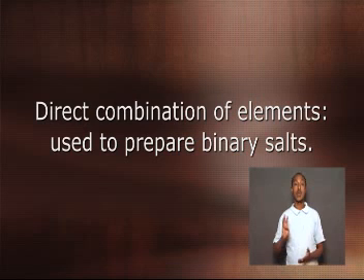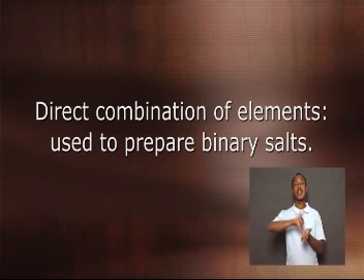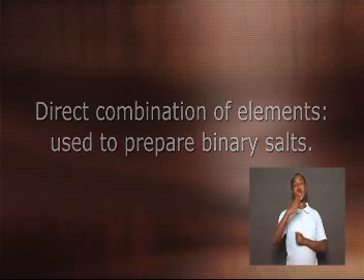We will begin by discussing the direct combination of elements. This is a method that is used to prepare binary salts. Binary salts are those which consist of only two elements.